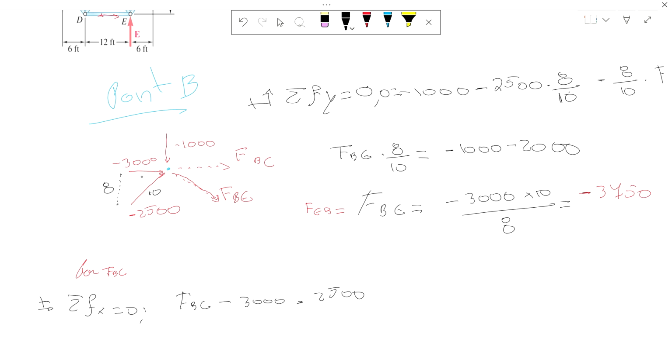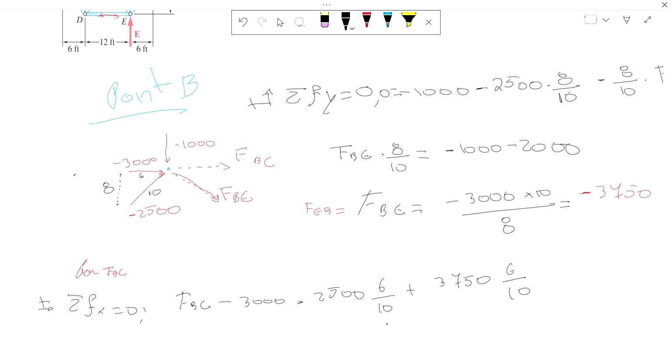Cosine of 53.13, or this is 6, because the whole triangle is 12, therefore this is 6. This base all the way to this point is 12, half of it is 6. And we're going to do cosine, so it's 6 divided by 10 plus FB to E, 3750, which is going to the right, times 6 divided by 10.